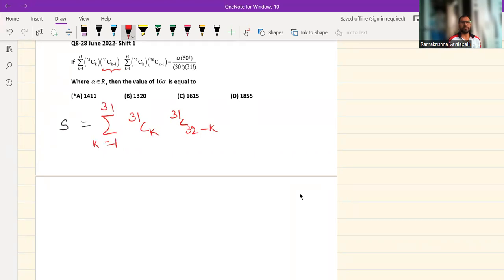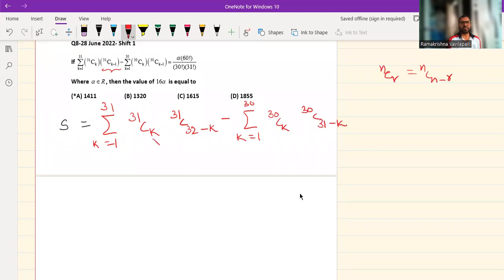Minus sigma K equal to 1 to 30, and this is again 30CK. So this is nCr equal to nC(n minus r). I'm using this formula. So 30C(31 minus K).